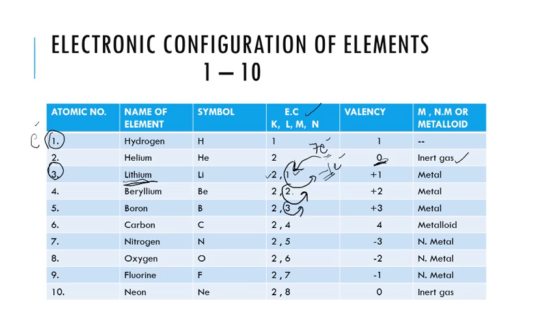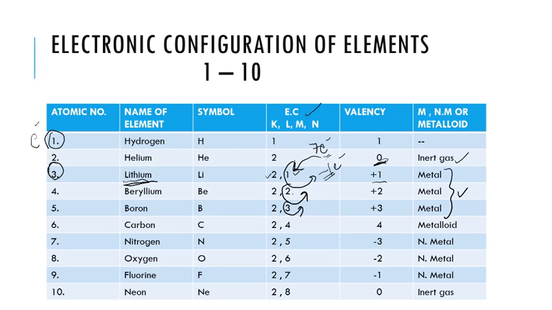Hence, those elements which lose electrons, their valencies are termed +1, +2, +3, depending on the number of electrons lost. And these are all metals. The elements which can donate their electrons are called metals.